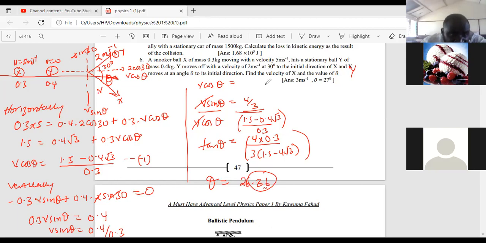Let me check again whether we have done everything right. If you look at horizontal, we had 5 times 0.3, which is 1.5, correct? After collision, Y moves with the 2 cos of 30 horizontally, yes. 2 cos of 30 is 2 root 3 over 2, the 2 divides, 0.4 root 3, correct? Plus 0.3 V cos theta.